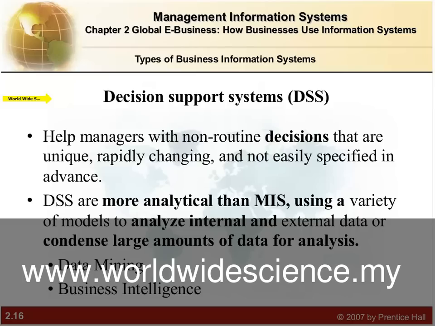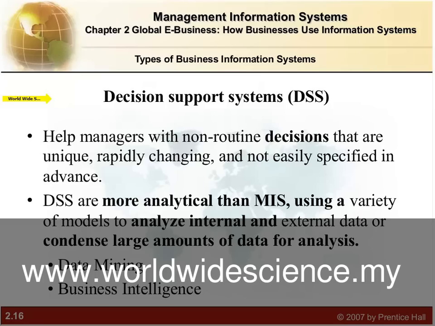The other system is Executive Support System, or ESS. Executive Support System serves the senior managers. Actually, senior managers need a system in order to help them with some strategic decisions.